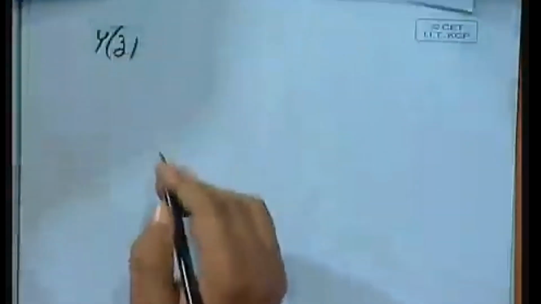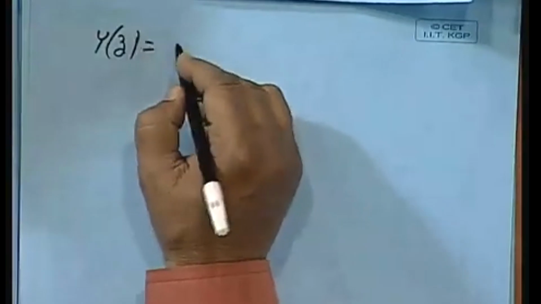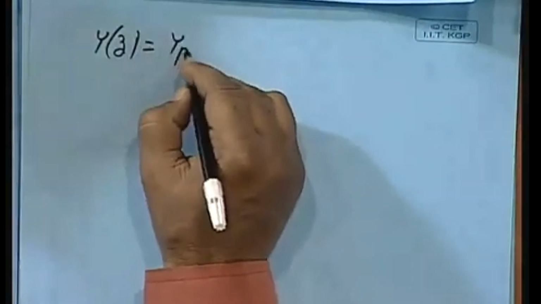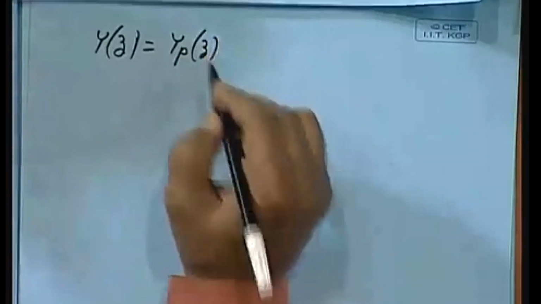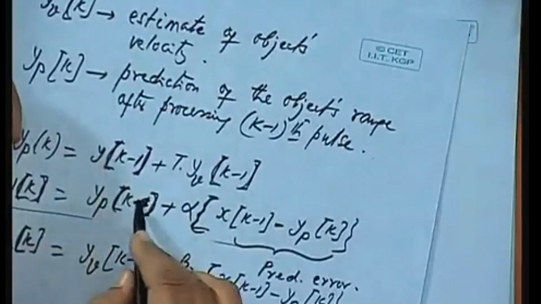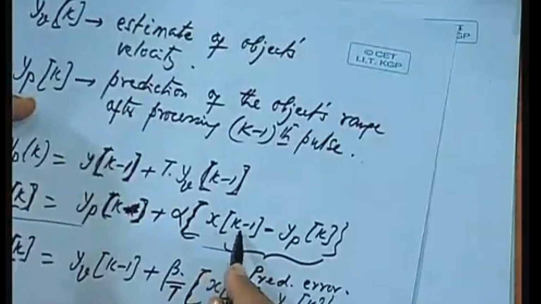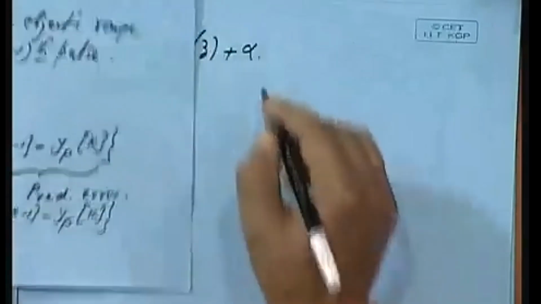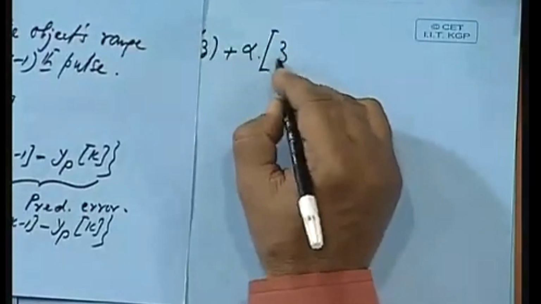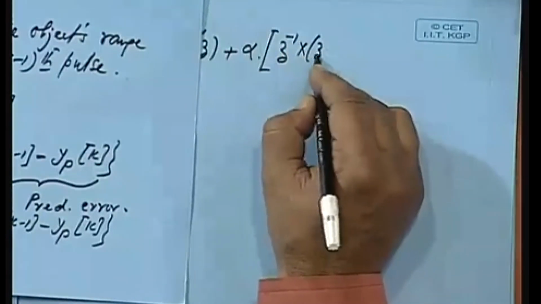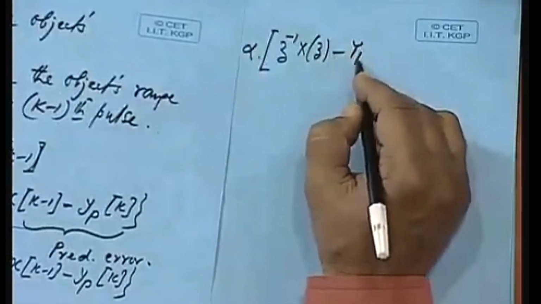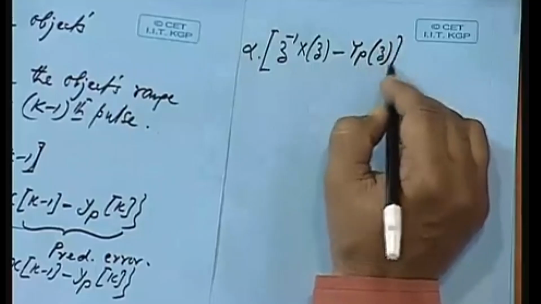YZ is equal to YPZ plus alpha times xk minus 1, so XZ into Z inverse minus YPZ. Is that all right?